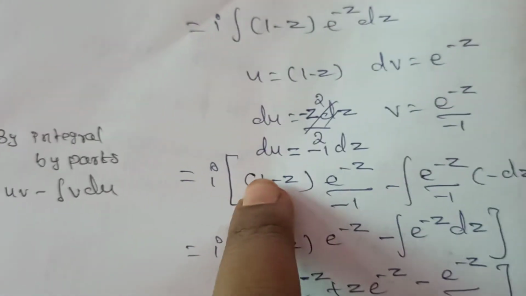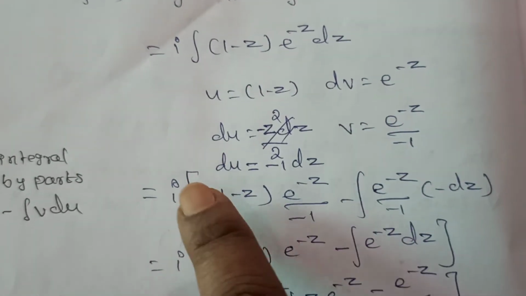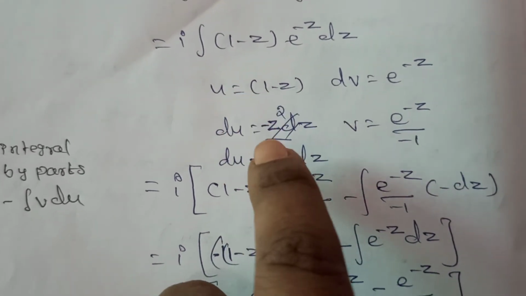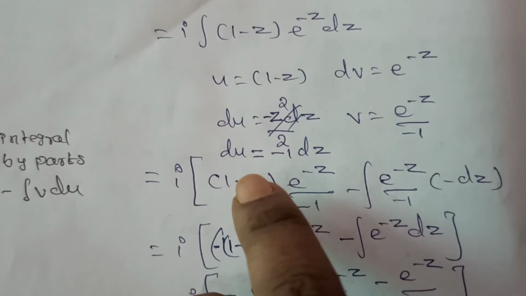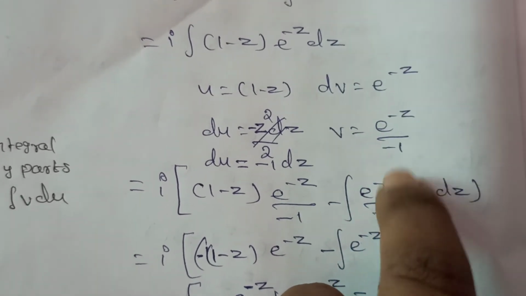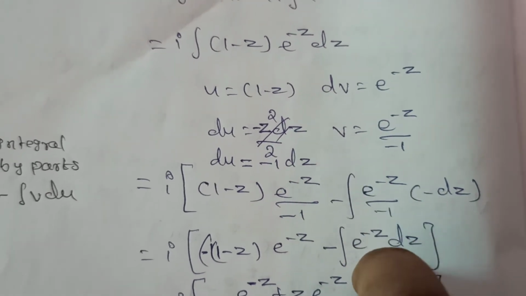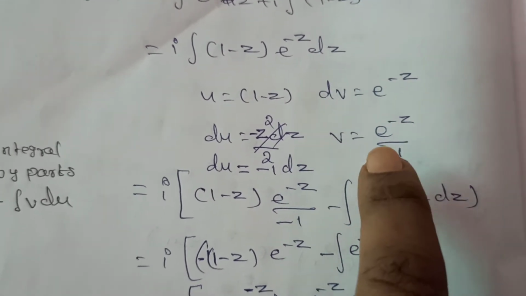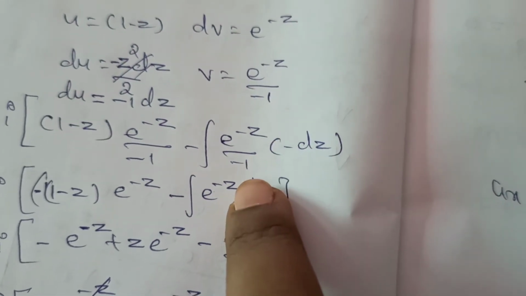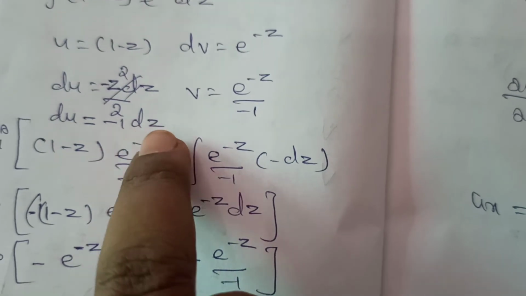So using this formula, on the right side we take I outside: I into uv. The u value is 1 minus z, and the v value is e power minus z divided by minus 1, so uv minus integration of v du. Substitute v, e power minus z divided by minus 1, into du, minus dz.